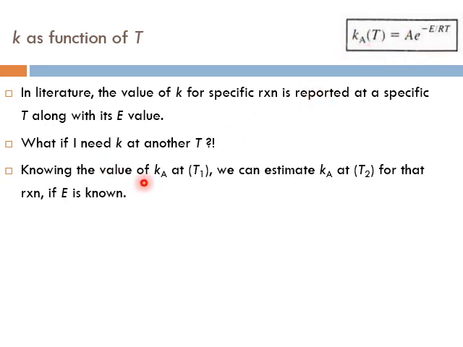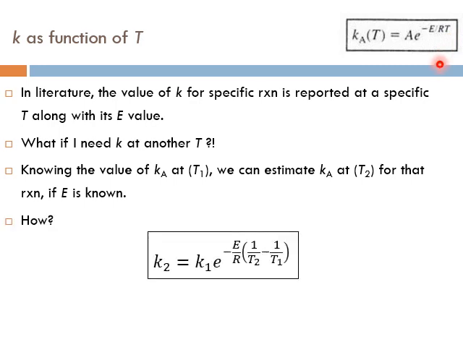First I write it for the case reported in the literature, then I write it again for the case where I'm looking to find the new value of K at this different temperature, and then you divide these two equations on each other and rearrange to find this equation. So now I can calculate the value of K at any temperature T2 by having the value of K at a reference temperature T1 and the value of activation energy.